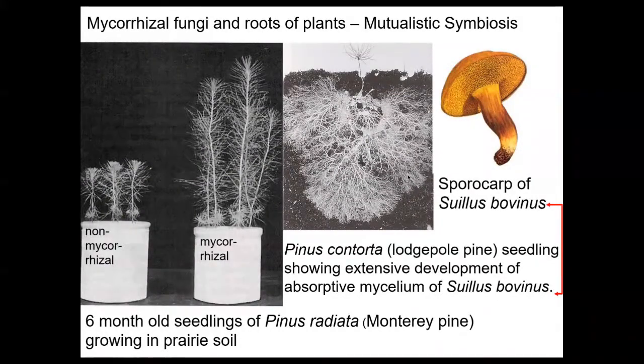In fact, when we think about a fungus, the sporocarp is this part, and since this is a basidiomycete fungus, this is a basidiocarp. This is actually a Suillus, a relative of Boletus, the bolete, but the bottom line is that there are spores here, and this whole thing is about as big as your hand, and it is the tip of the iceberg. The body of the fungus is beneath the ground.